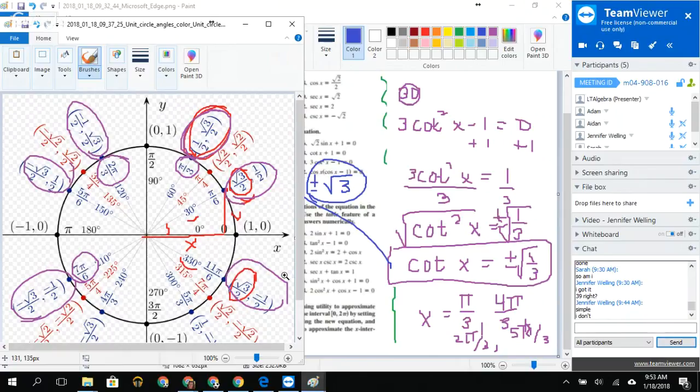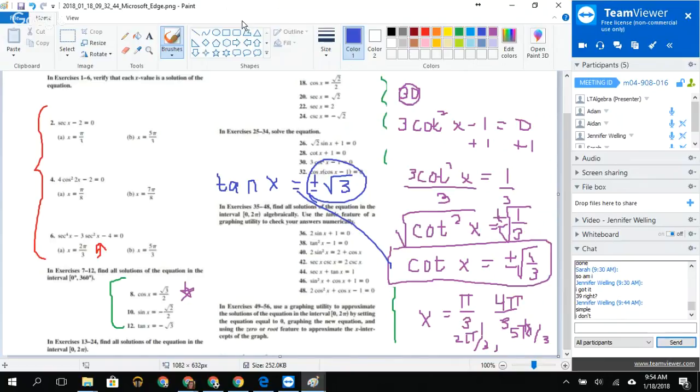Yes, so we have multiple ways that we can find that. The other thing to note with this is that you'll notice once we get to 25, they say solve the equation, and it's no longer over a particular interval. Okay, so let's go back to our graph. Is everybody still with me?